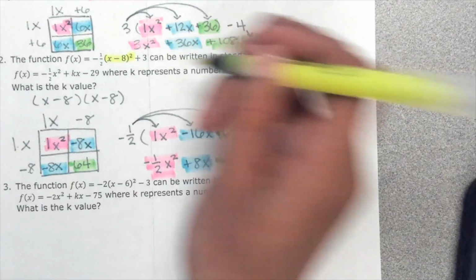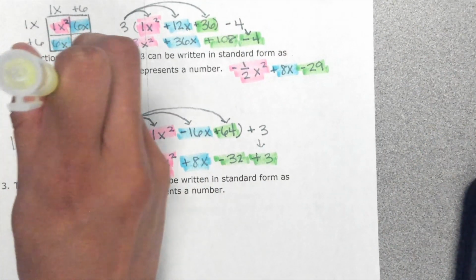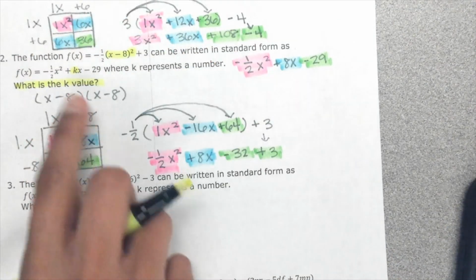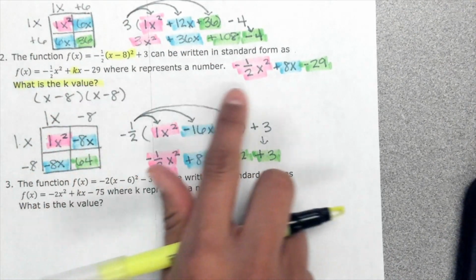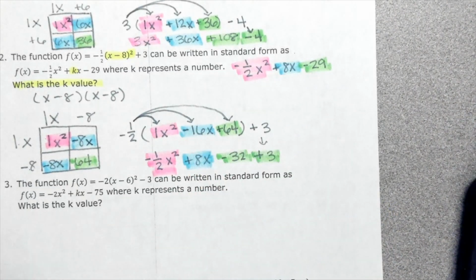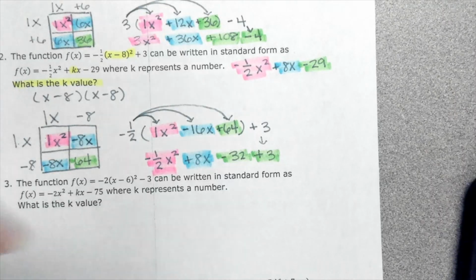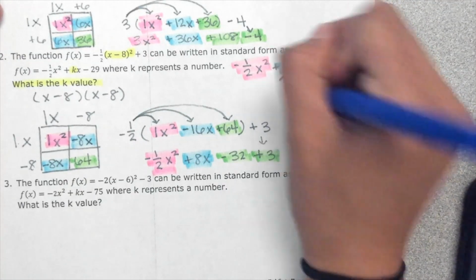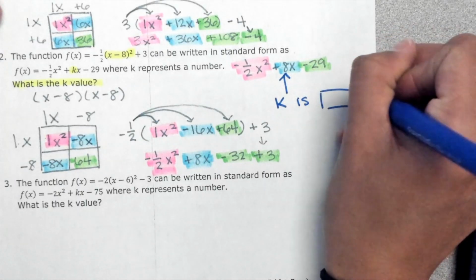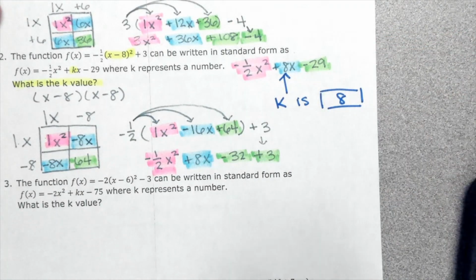It says, what is the k value? So k is the number next to x. So what is our number next to x, that middle term? This is our k value right here. So k, your answer would just be the number 8.